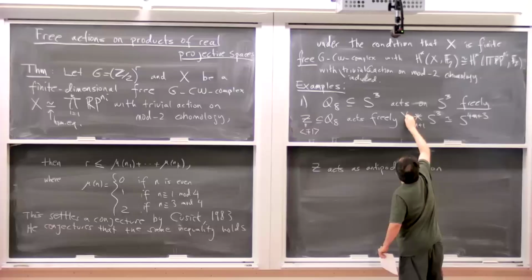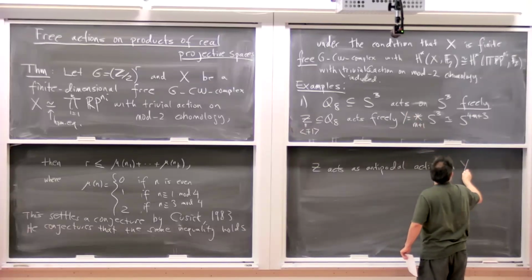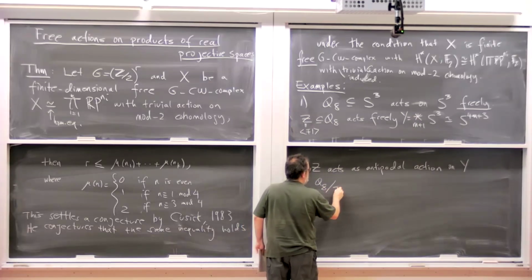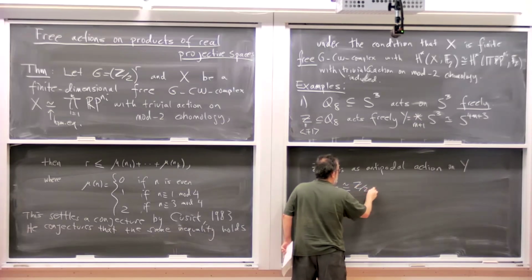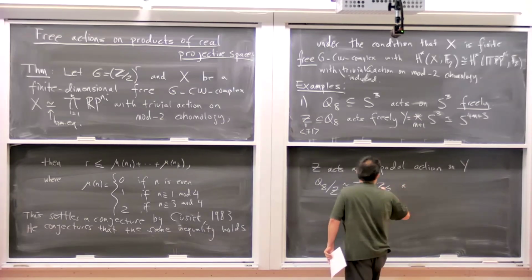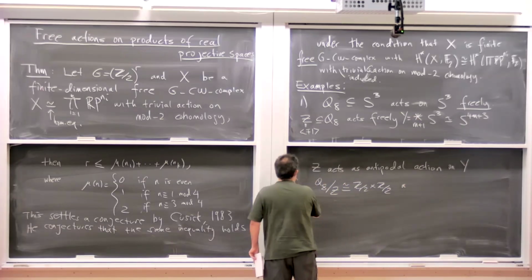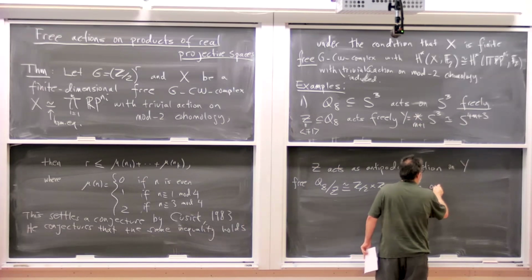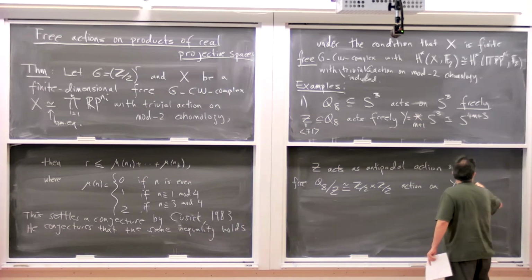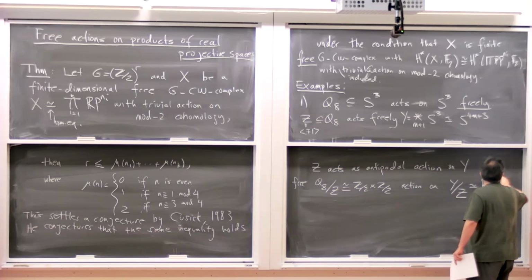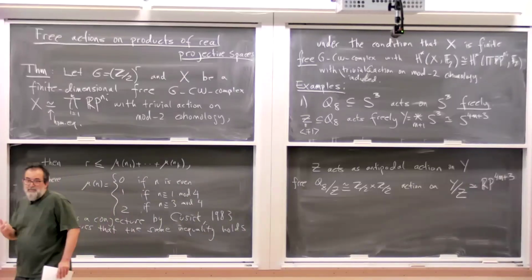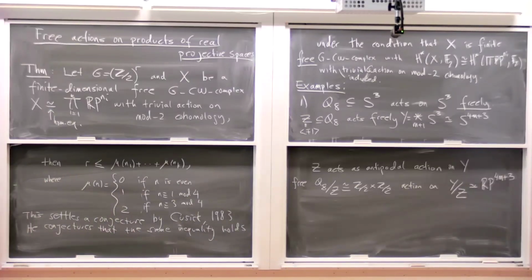Let's call this Y. If I mod out by Z, I get Q8/Z, which is C2 × C2, acting freely on Y/Z, which is now going to be RP^(4n+3). So this is why two copies of Z2 can act freely on a real projective space.